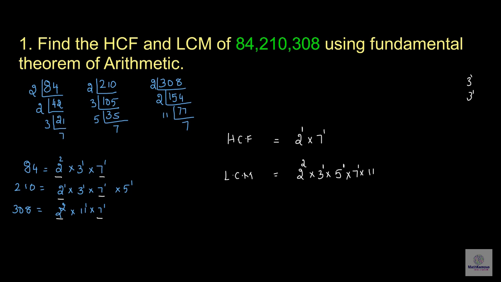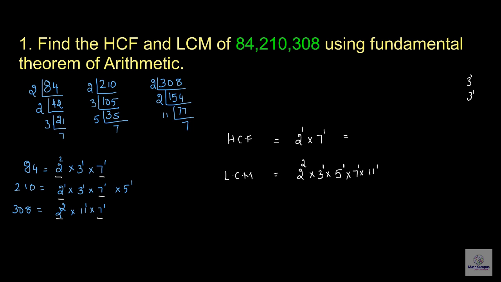11 வந்து வெறும் 308ன்ற லாஸ்ட் ரோவில் மட்டும் தான் வந்திருக்கிறதுனால இட் இஸ் நாட் அப்பியரிங் இன் HCF. Whereas in LCM we can take it as it is with power 1. So எல்லாத்துலேயுமே 2க்கு and 7க்கும் நான் லீஸ்ட் பவரை செலக்ட் பண்ணியிருக்கேன் HCF வரும்போது. அதே 2, 3, 5, 7, 11 இந்த 5 பேசஸ்க்கு நான் ஹையஸ்ட் பவரை செலக்ட் பண்ணியிருக்கேன் when it comes to LCM.